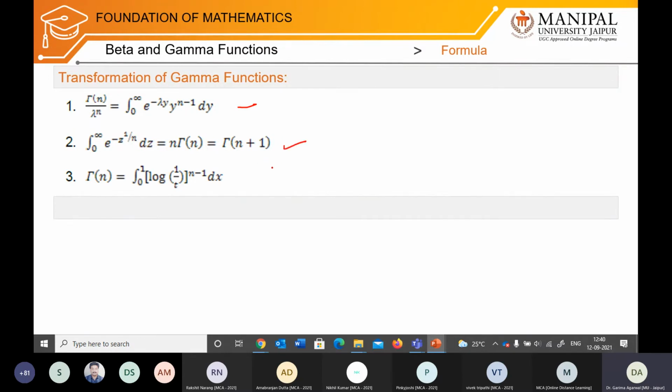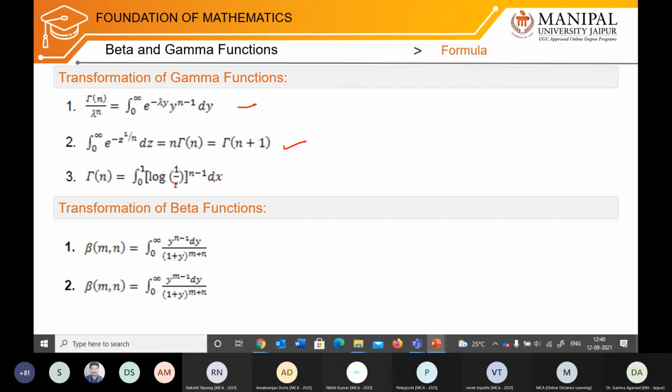This is also one more formula: integration 0 to infinity e raised to minus x by n dx, that is n gamma n or gamma n plus 1, and gamma n can also be written as 0 to 1 log 1 by t whole power n minus 1 dt.